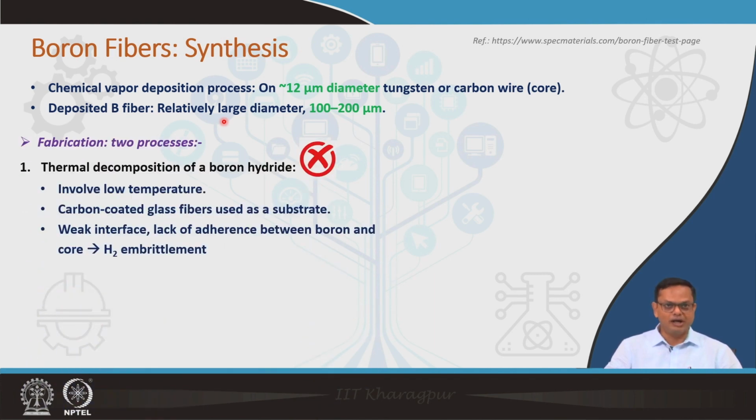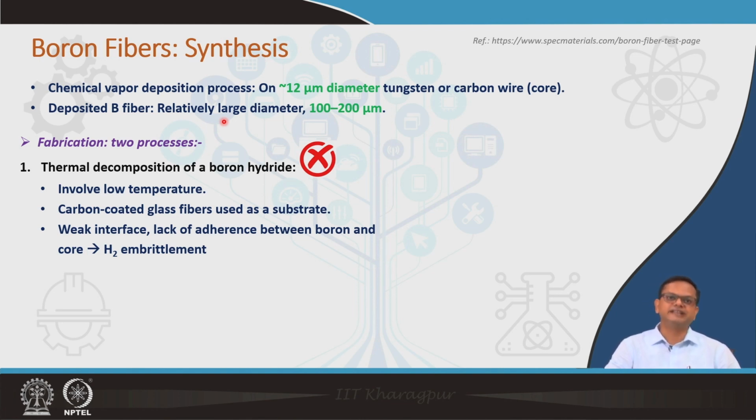The first one is thermal decomposition of boron hydride, BH3. If you heat it at a higher temperature, you get boron and hydrogen gas, and this can be deposited on carbon fiber. The advantage of this process is that the temperature requirement is not very high.